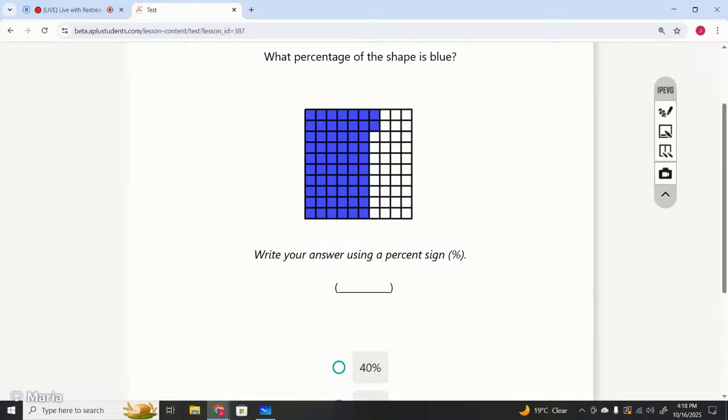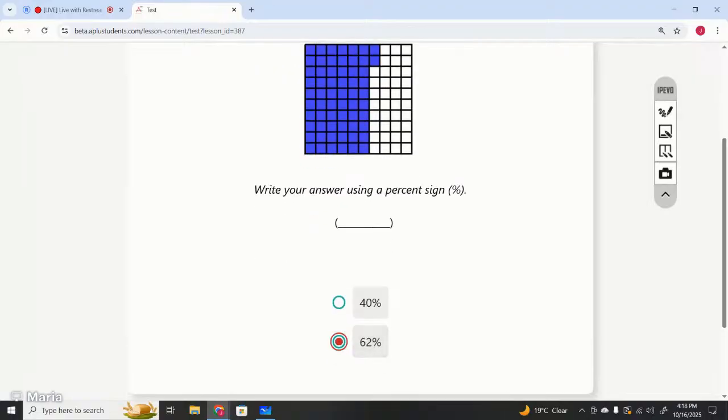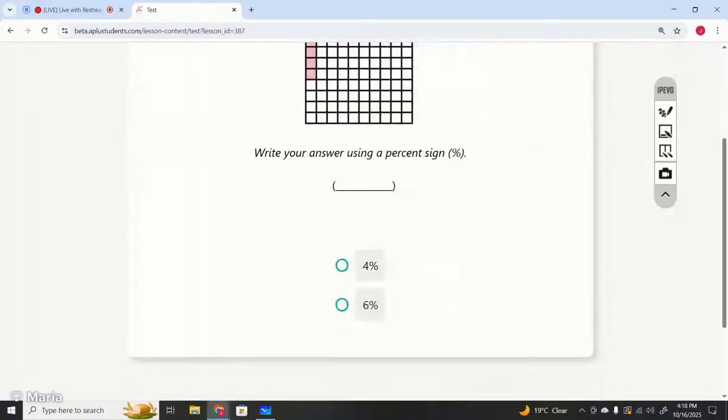What percentage of the shape is blue? That is 62%. Option number 2 is the correct option.